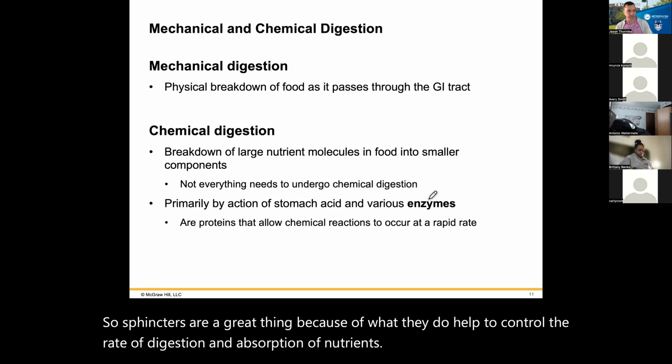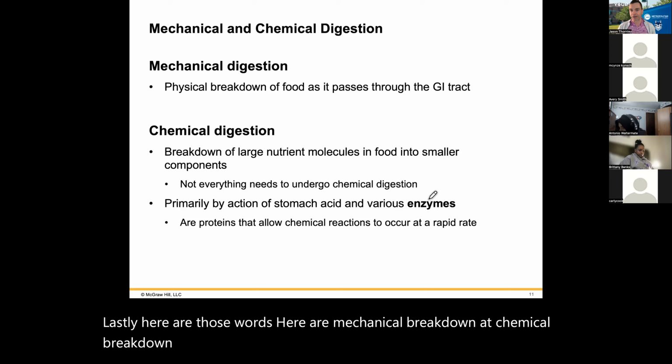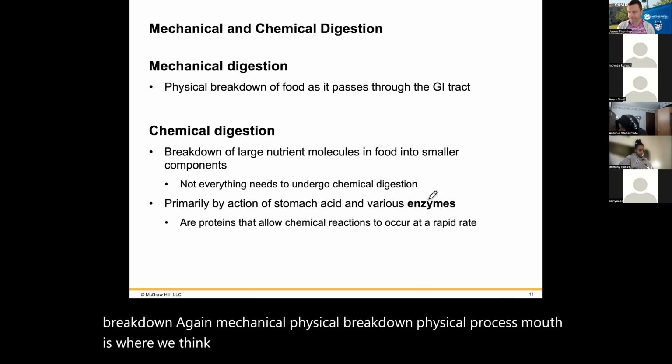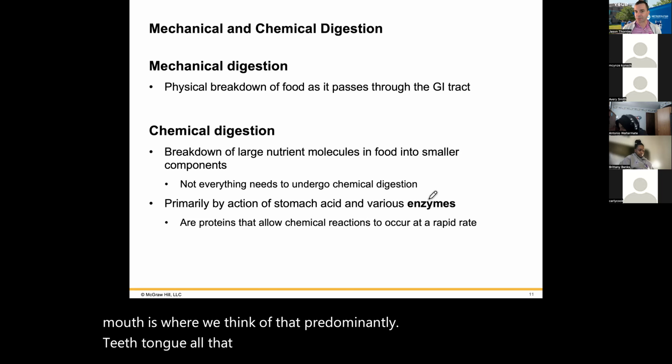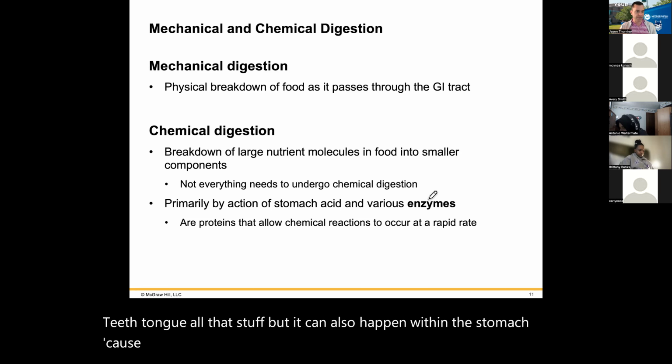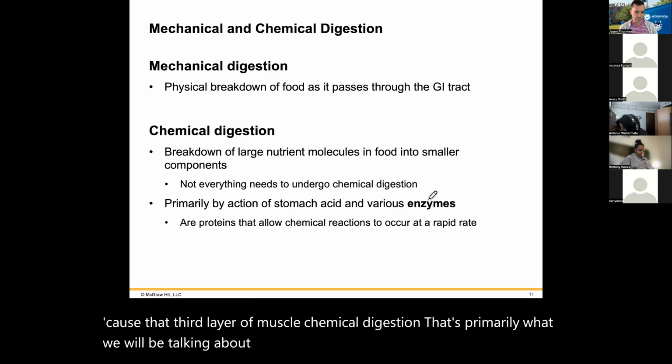Lastly, here are the words mechanical breakdown and chemical breakdown. Mechanical is a physical breakdown, a physical process. The mouth is where we think of that predominantly, teeth, tongue, all that stuff. But it can also happen within the stomach because of that third layer of muscle. Chemical digestion is primarily what we will be talking about when we talk about the macronutrients.